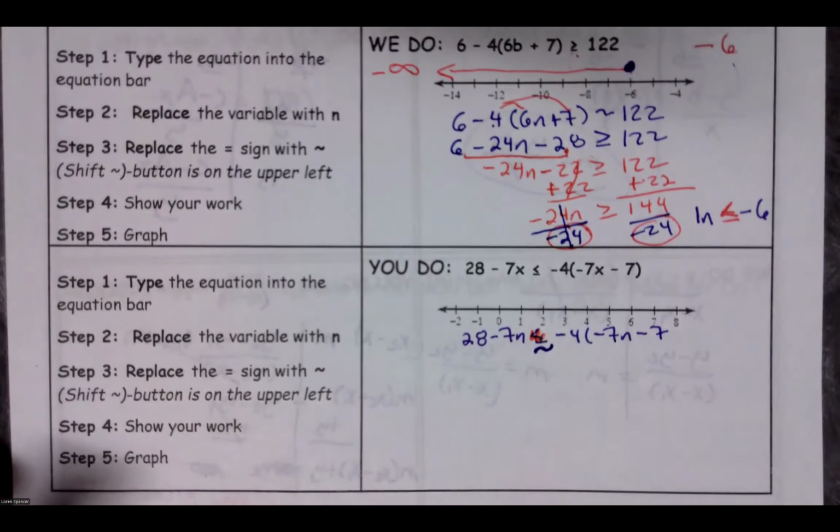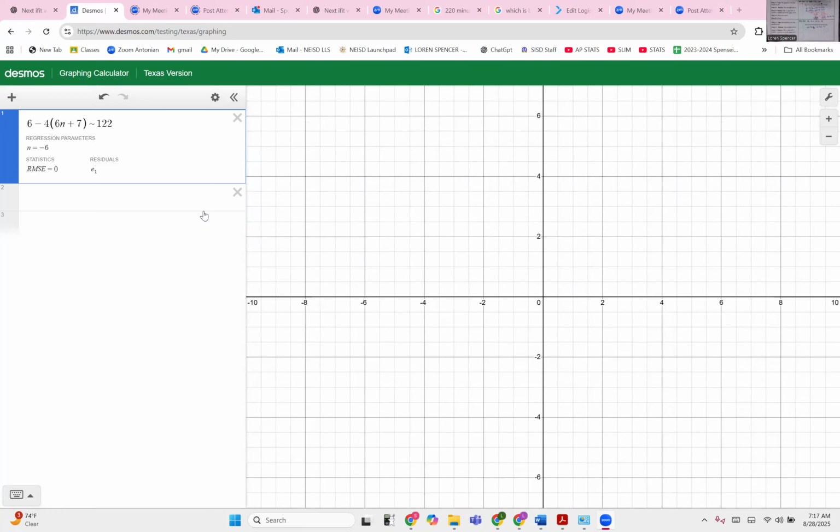So switching back over to Desmos. 28 minus 7n, negative 4, parentheses negative 7n minus 7.